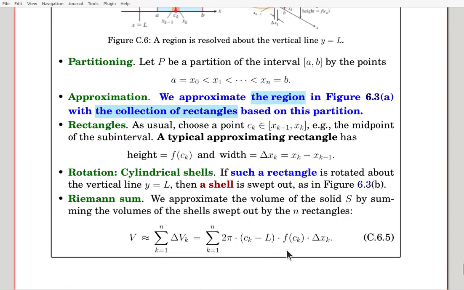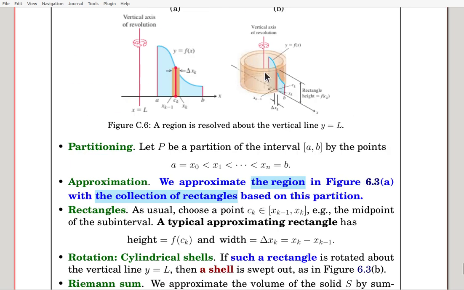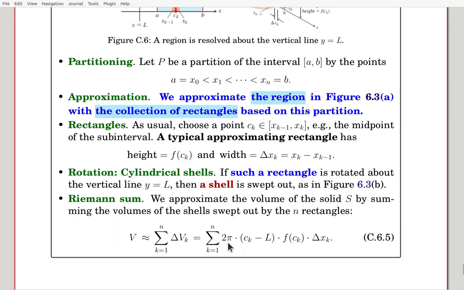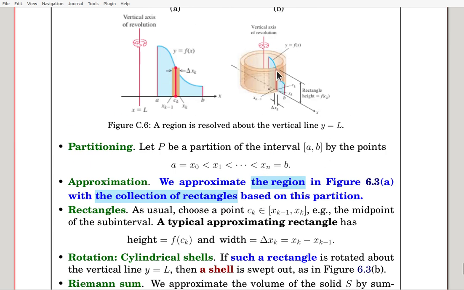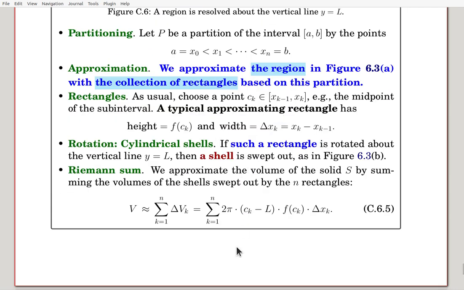When you do the detailed computation, that is exactly 2 pi r, times the height, times the thickness. So the local volume is the length of this, height times the thickness, which is a good approximation. For this quantity, we add them to get a Riemann sum.